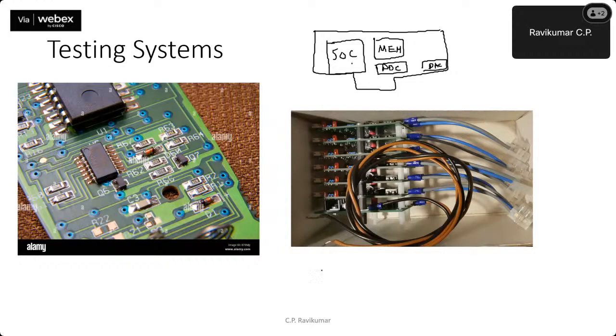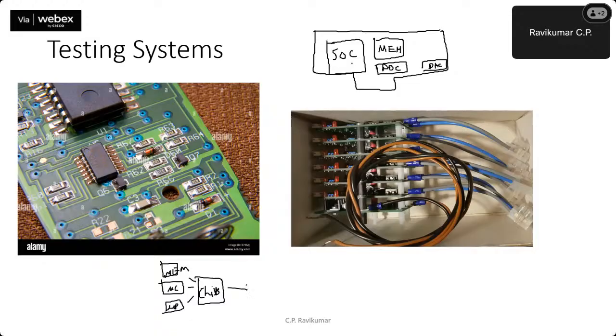So you will see that we have chips, right? And inside the chips we have various things like microcontrollers, maybe microprocessors, memories. These are all embedded into this chip, right?